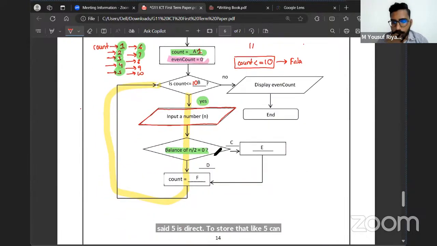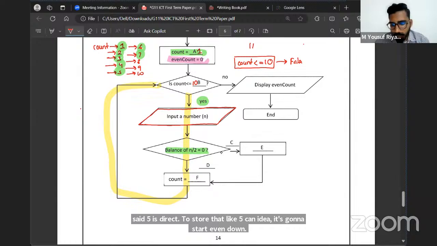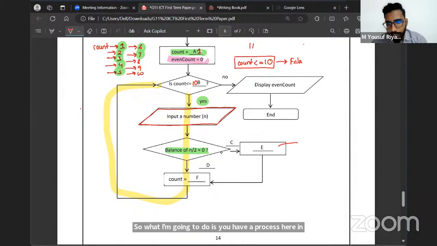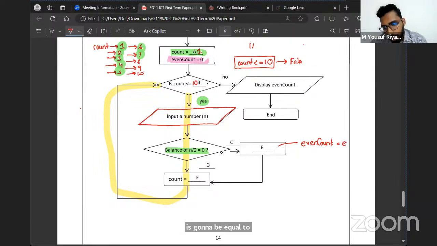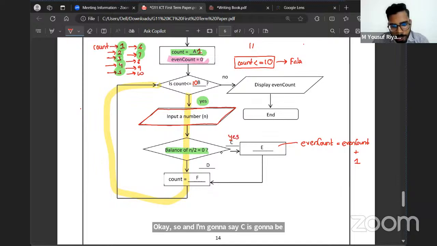So you have a process E here. In this process E, I'm going to write even count is going to be equal to even count plus 1. And I'm going to say C is going to be yes and D is going to be no.